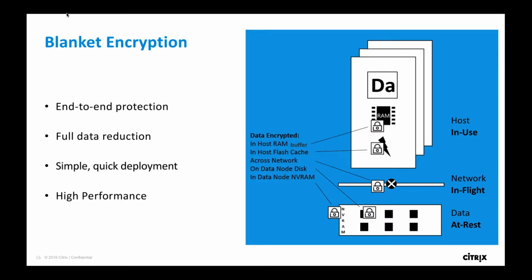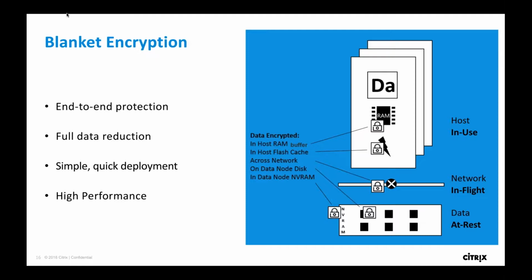I mentioned briefly also the blanket encryption, the security that we have. This is becoming more and more important, especially in verticals where compliance is required, like healthcare and finance as an example. We do have healthcare customers running VDI on our platform, and they have our blanket encryption enabled.